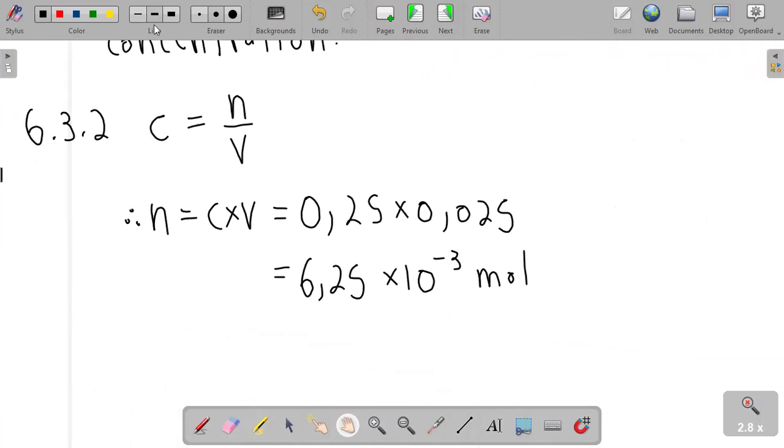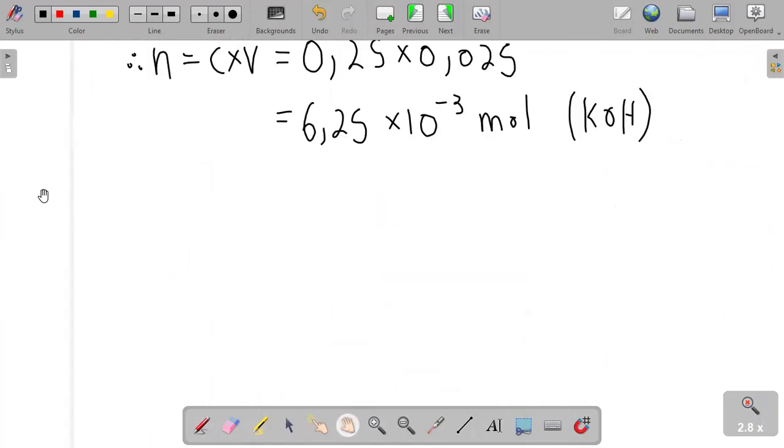So this is the number of moles for potassium hydroxide.